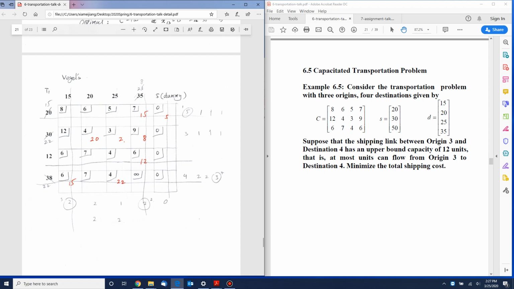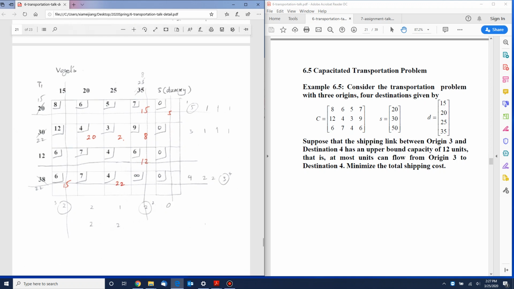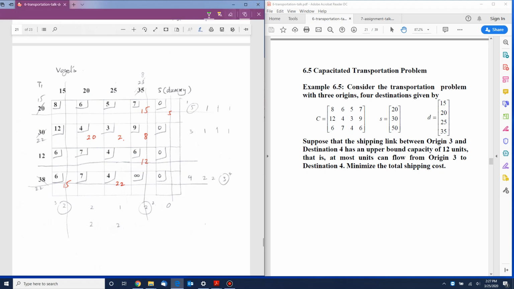So here, because of the upper bound of 12 units, when I started this one with Vogel's method, I simply put the 12 from orange 3 to market 4 on the third row, okay, here. So once we set up this, we simply cross it. Okay, we cross this one, we put it there, and then we use the regular way to work out the rest of the tableau.